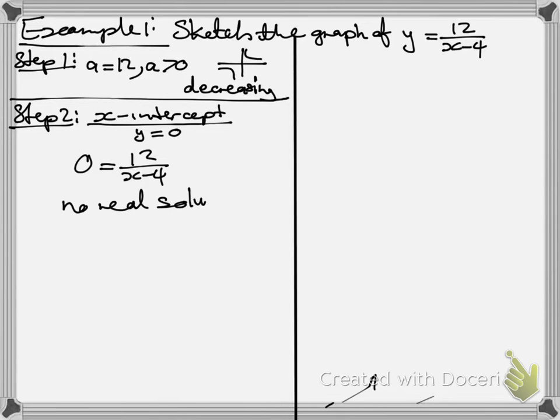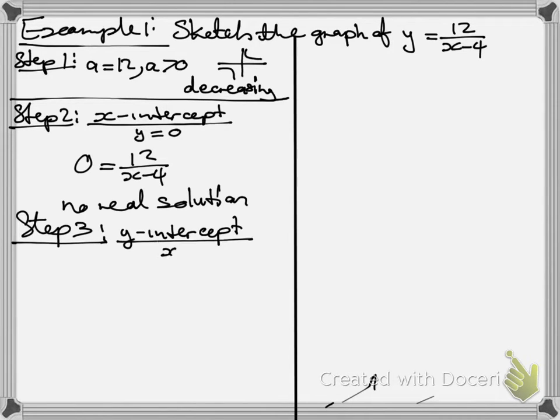In this case, there are no real solutions, so no x-intercept. Step 3, we find the y-intercept. We put x is equals to 0 and then we solve for y. In this case, our y will be equals to -3. So our intercept is 0 and -3.